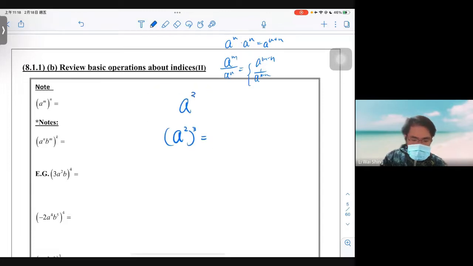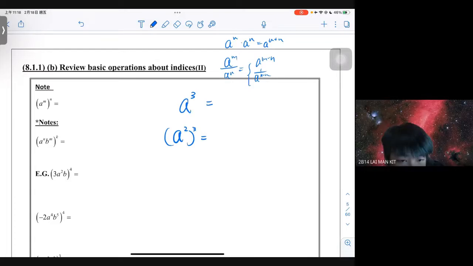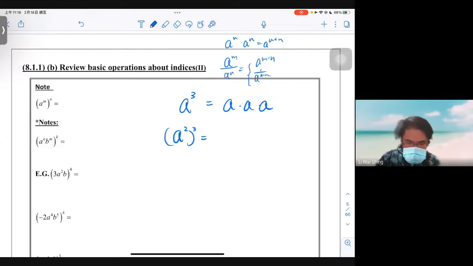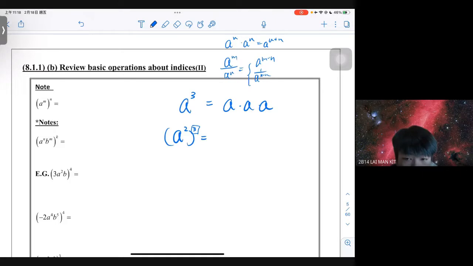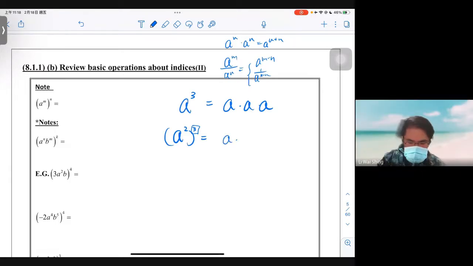What is the meaning of a cube? It means a times a times a. What about a square cubed? So a times a inside, and then a cube there. Maybe I expand the cube first. Which three things multiply together?